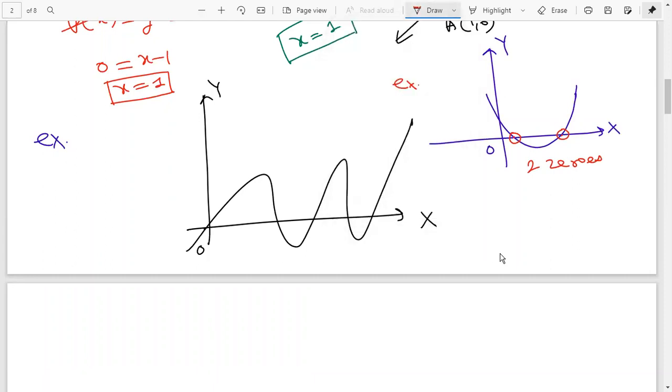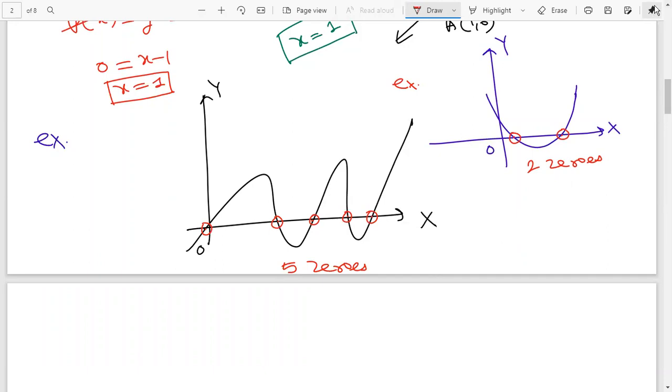Let me mark these points: 1, 2, 3, 4, 5. That means we can say 5 zeros. So we just have to observe the graph and see at how many points it is cutting the x-axis. We add those points, and that total will be the number of zeros.